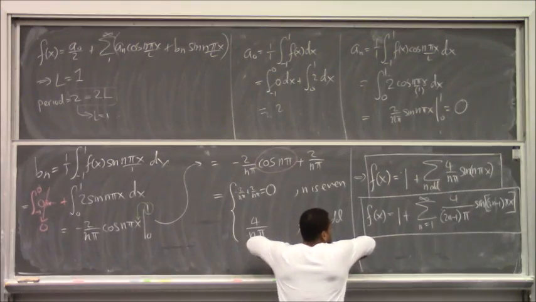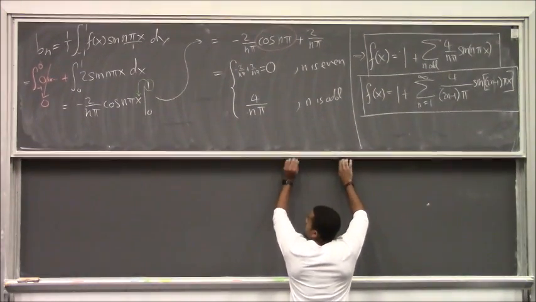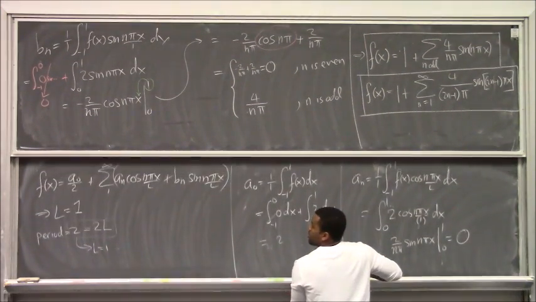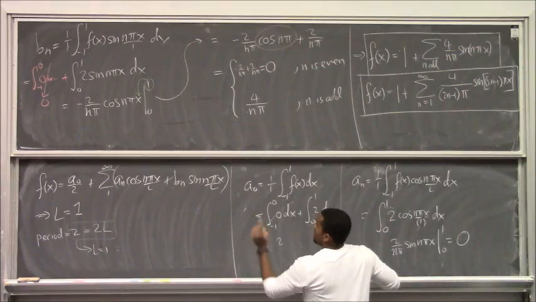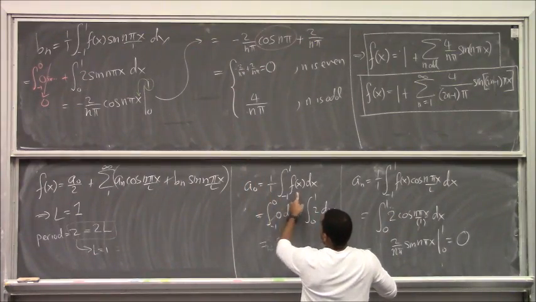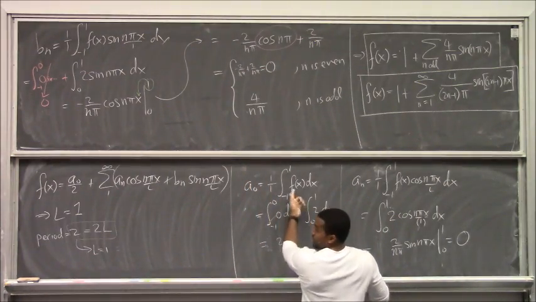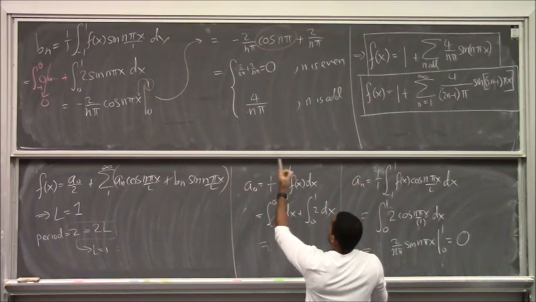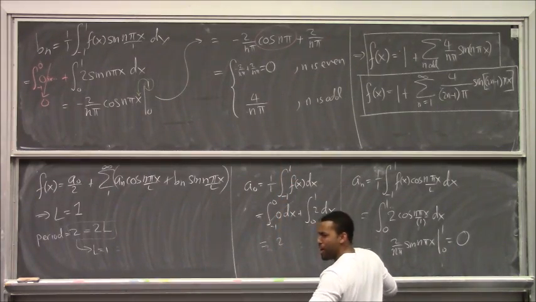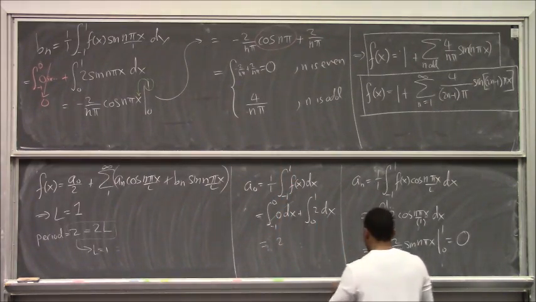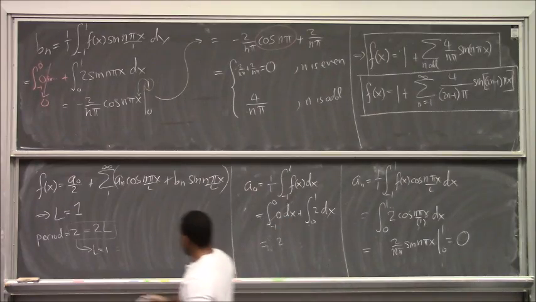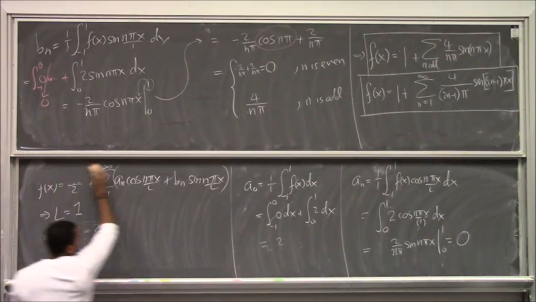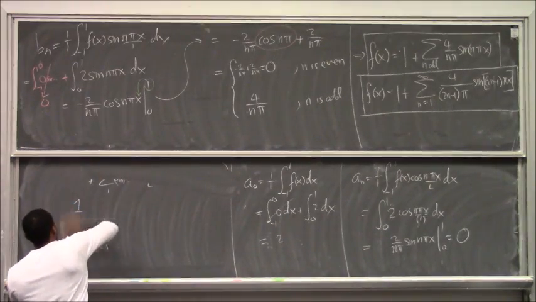So, now, let's refine the theory a bit, because this was a relatively easy problem. Our function was a constant, right? If our function was not a constant, and you're multiplying by a sine, then you're doing integration by parts, and it can get really messy. So, anything that will allow us to cut down on the computation that we're doing is good.